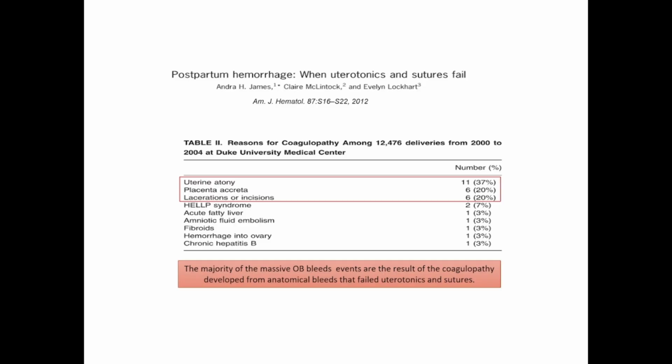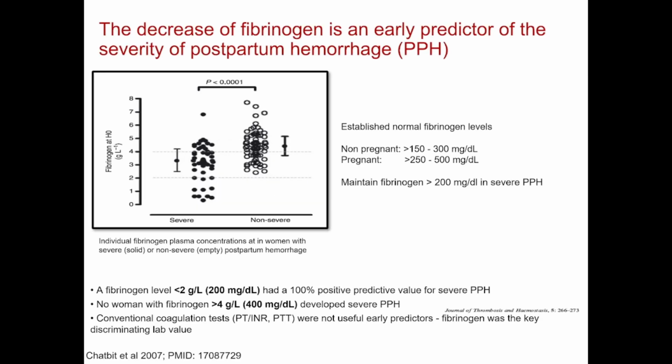In this paper, it's actually quite hard to predict which patients develop coagulopathy. But there was a study published by Sunny Zeek and Chad Bitt in 2007 that looked at fibrinogen levels and severity of postpartum hemorrhage.